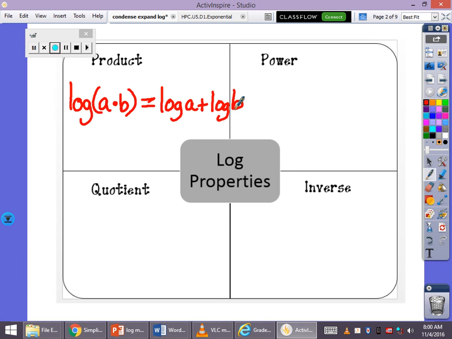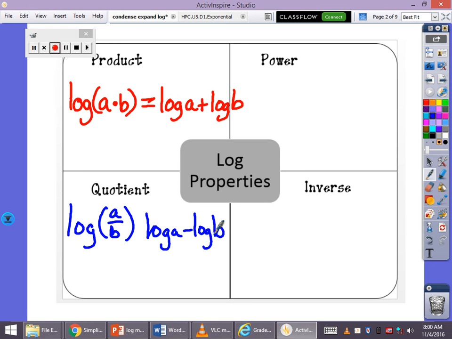Okay, so what did we do when it was division? We subtracted. So that's my quotient rule. If I have the log of a divided by b, what do you think I'm going to do? Subtract. So log of a minus log of b. Remember with exponents, power of a power, what did we do?